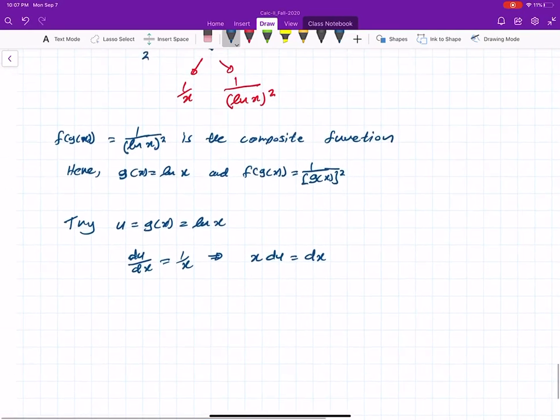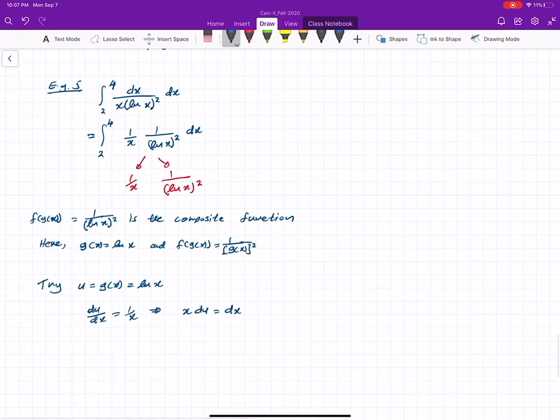All right, so let me mark the steps. This is step 1 of the method.